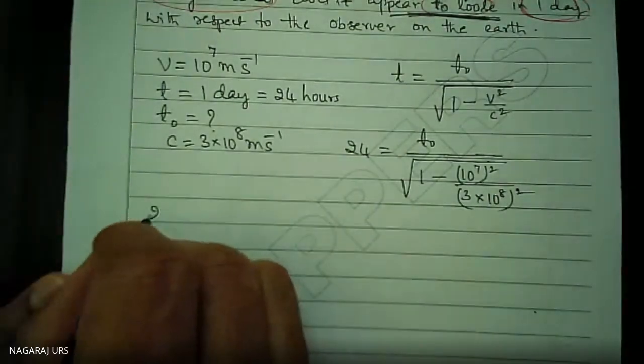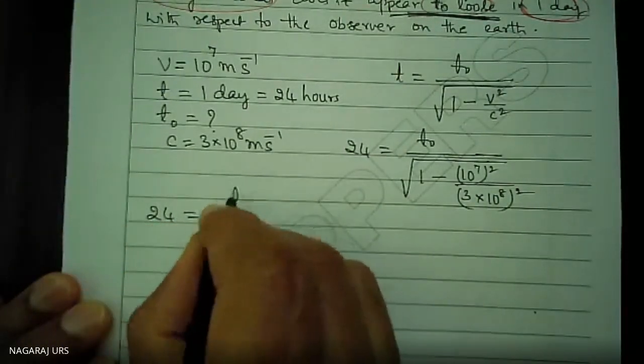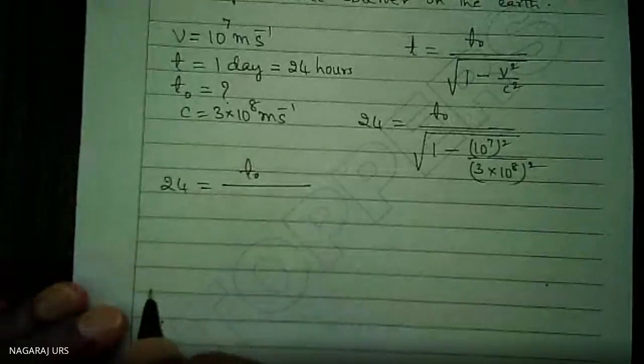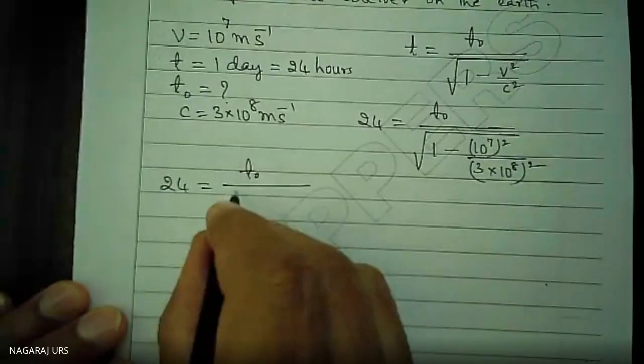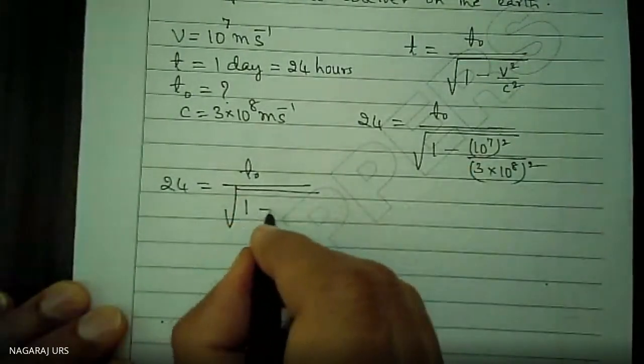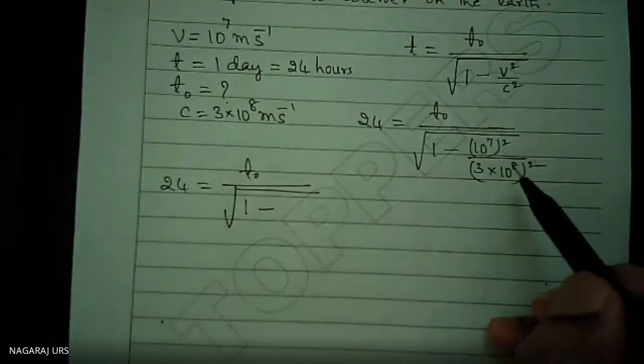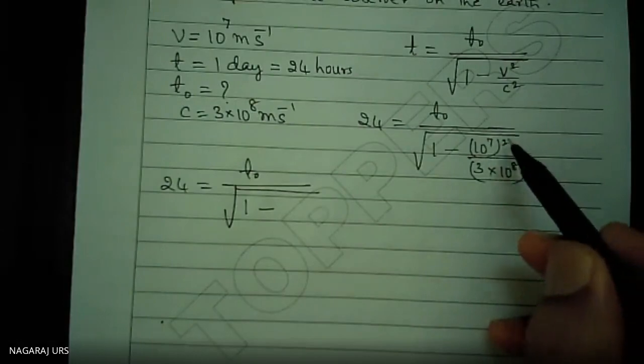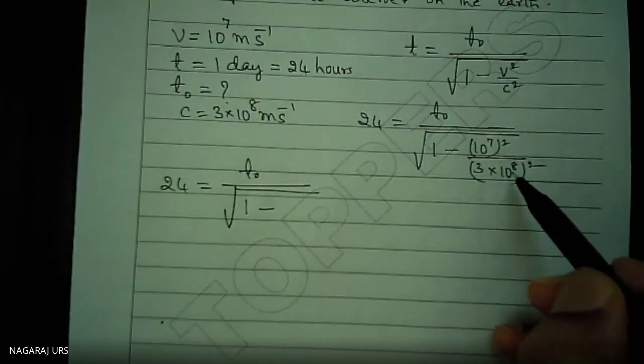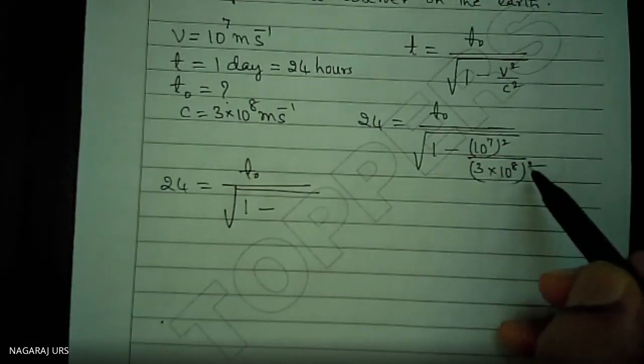Therefore, 24 T naught square root of 1 minus, this one 10 to the power of 7 square means 10 to the power of 14, this is 16.